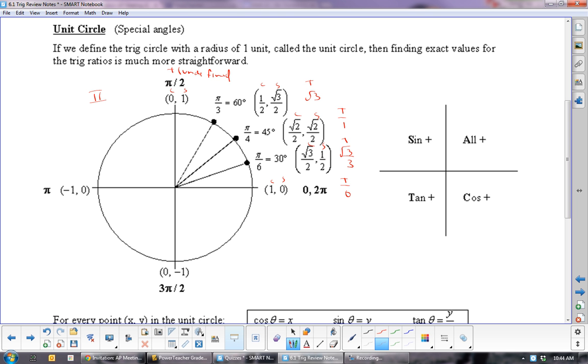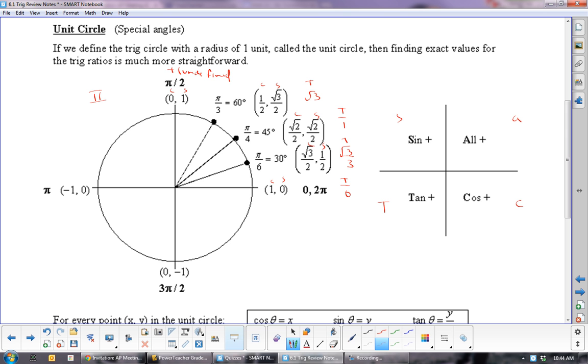Therefore, all of your tans would be negative too, because you're always dividing by cos. That leads us to, beside here, the CAST rule, right? That is what is positive in that quadrant.